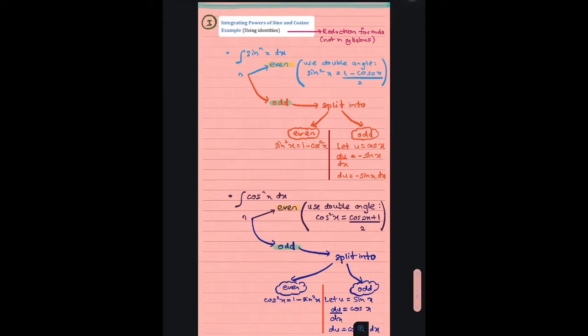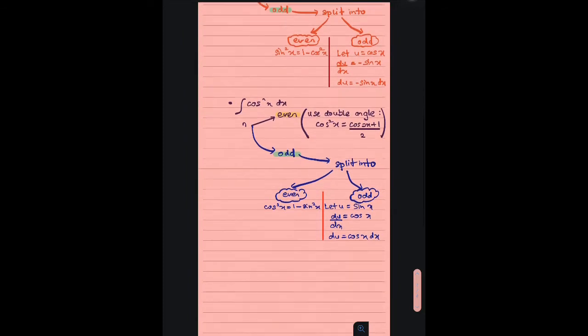Sine squared x is equal to 1 minus cos 2x over 2. If the power is odd, then we need to split it into even and odd. For the odd part, let u equal cos x, then differentiate u with respect to x, we get negative sine x. For the even part, use sine squared x equals 1 minus cos squared x. This is the identities formula.